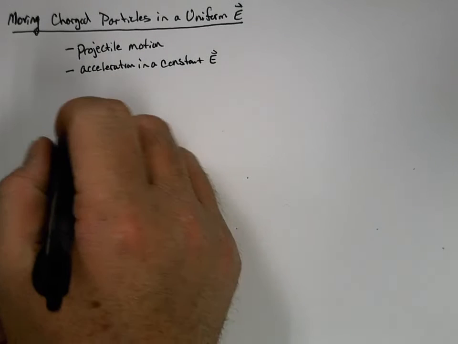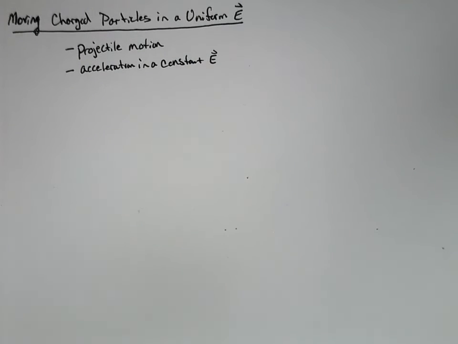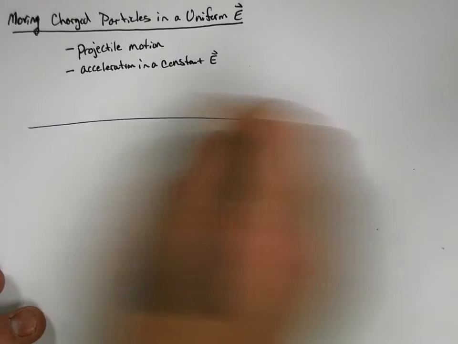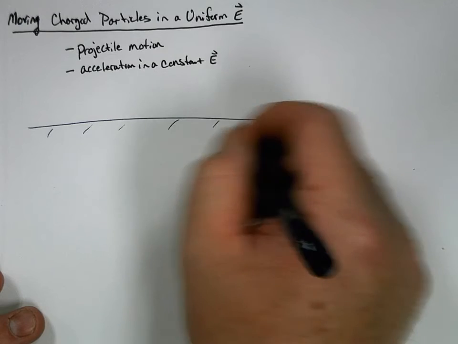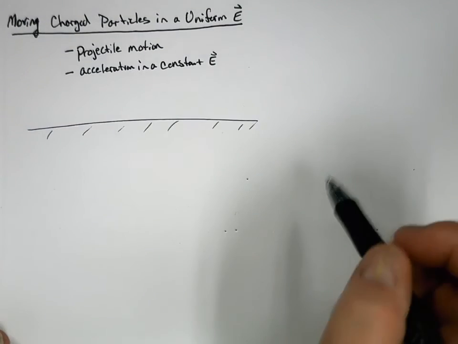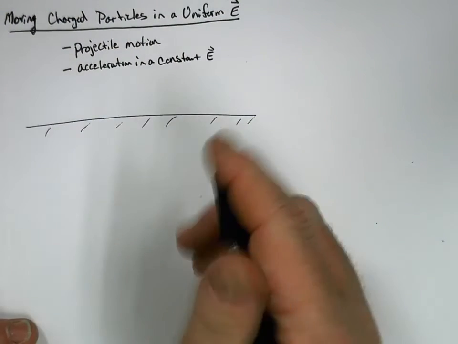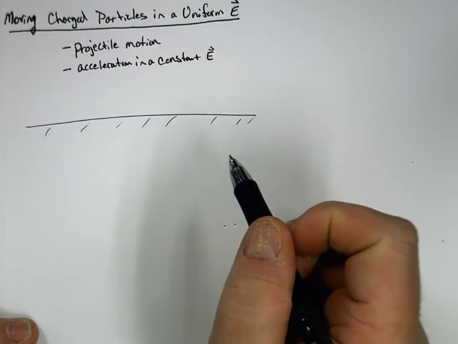So, if we launch a particle in a gravitational field, and here's our field of gravitation with all the little waving grains of gravity.